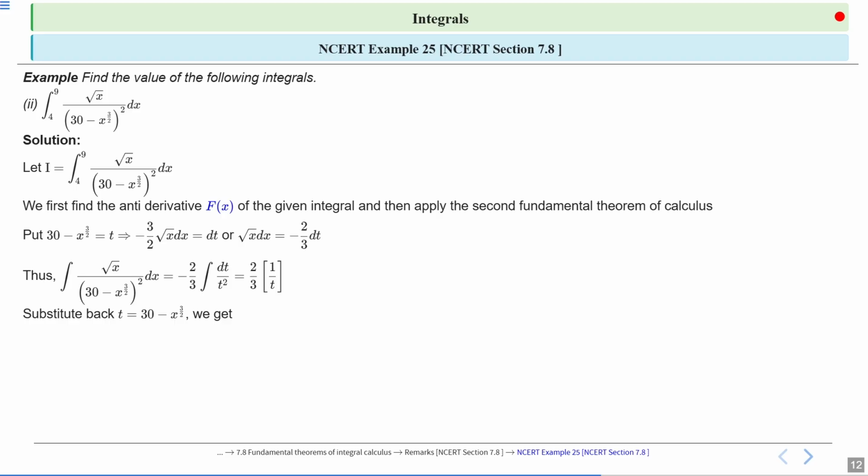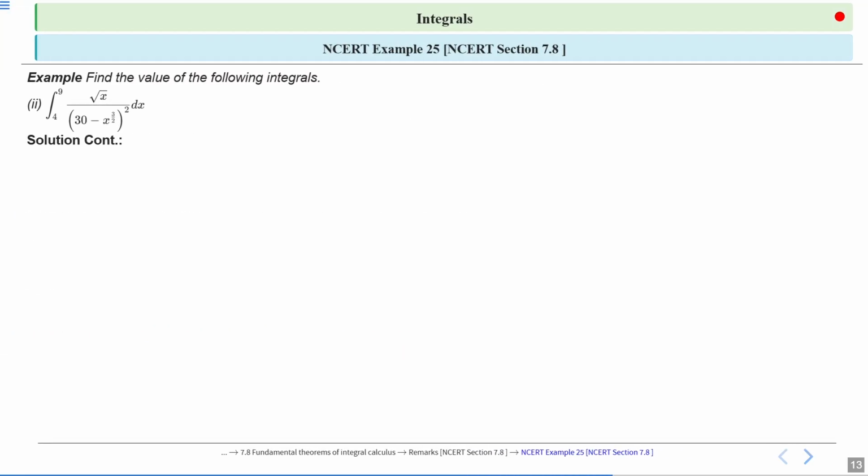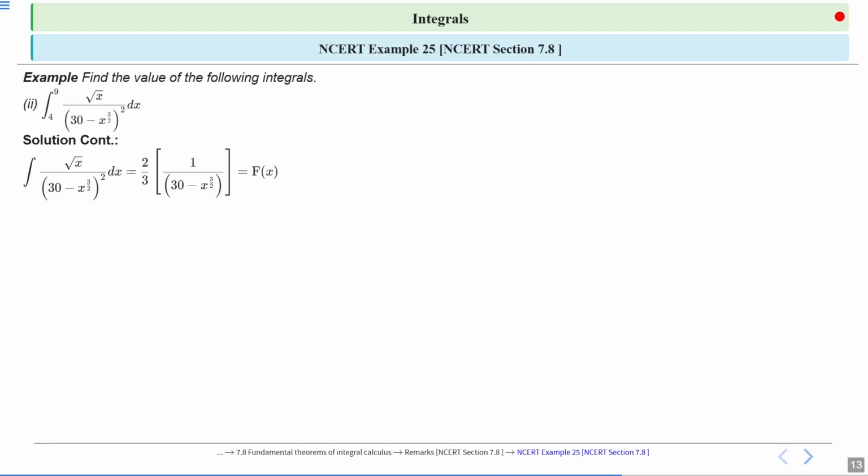Substituting back t is equal to 30 minus x to the power 3 by 2, we get 2 by 3 bracket 1 by 30 minus x to the power 3 by 2, and that is the value of your antiderivative. Okay, so first step is complete.